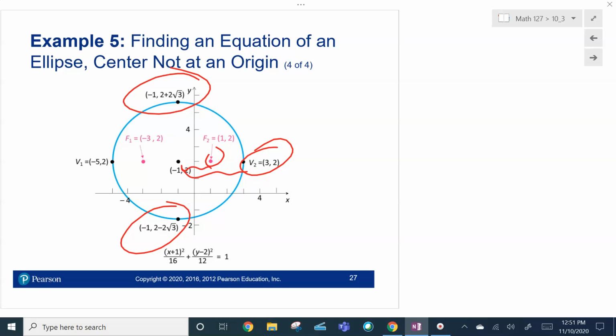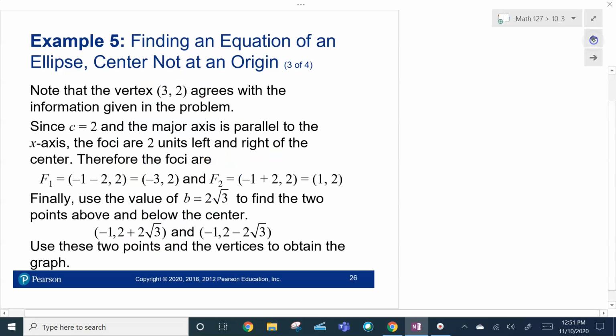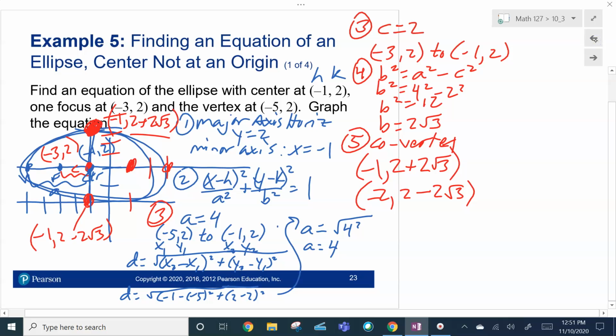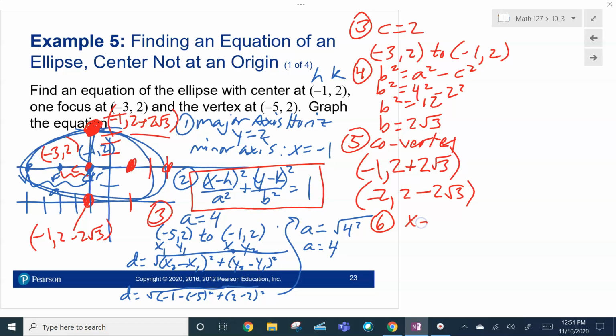Now, the only other thing I did not do is write the equation. Let me go back to this. I know it's x minus h squared over a squared plus y minus k squared over b squared. So x minus h, remember our h, k is -1, 2.